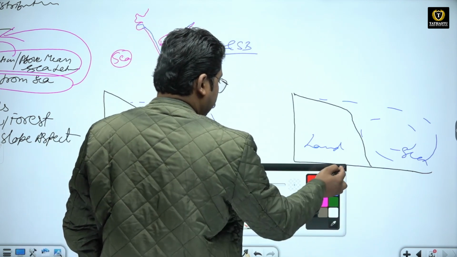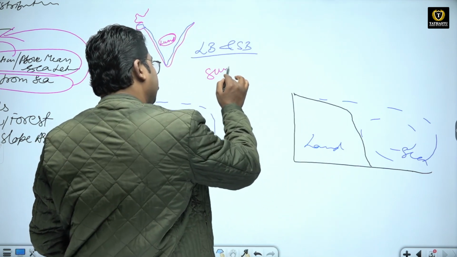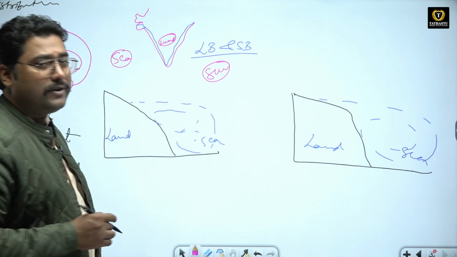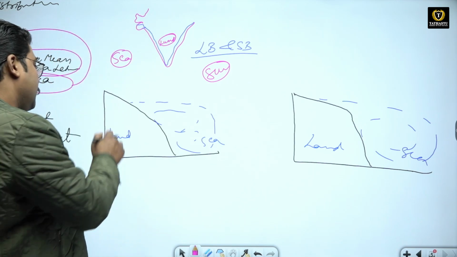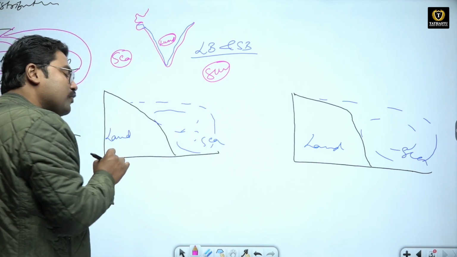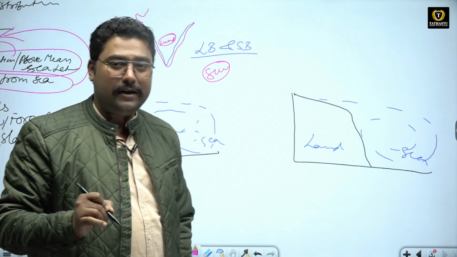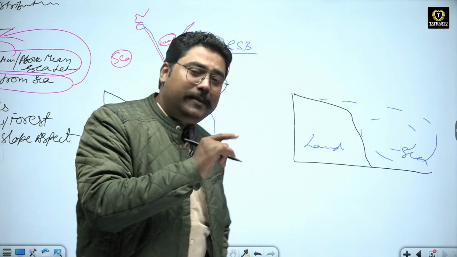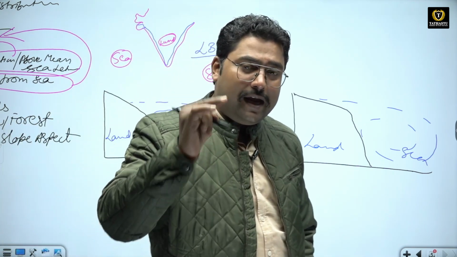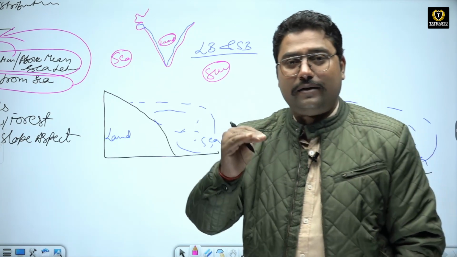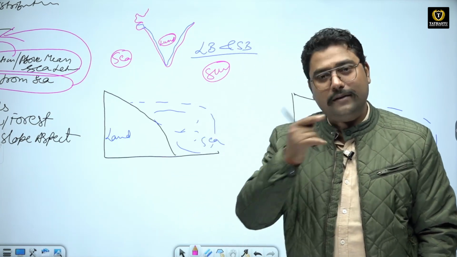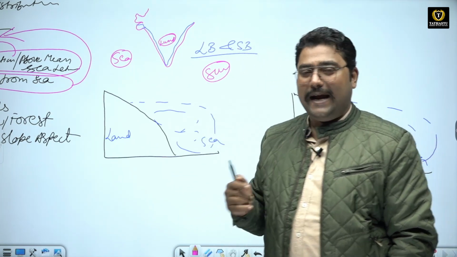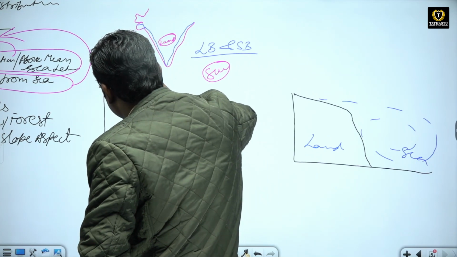Now, when the sun is in the sky, meaning during daytime, the land is going to be heated rapidly. When the land is heated, the air near the land will also be heated, and it will expand and rise.